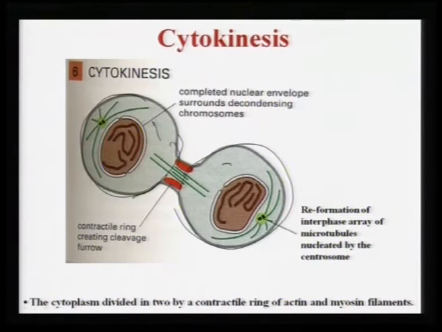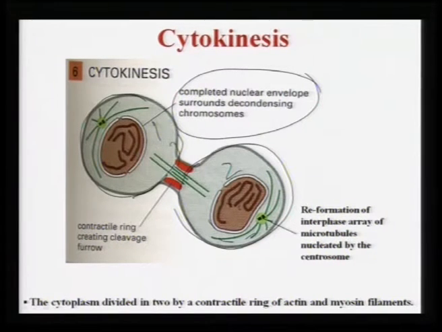So, this is one cell, this is cell number 2, and then again there is reformation of the nuclear envelope. So, a completed nuclear envelope surrounds the decondensing chromosomes, and then again the nuclear pore complex and nuclear membrane formation is possible.